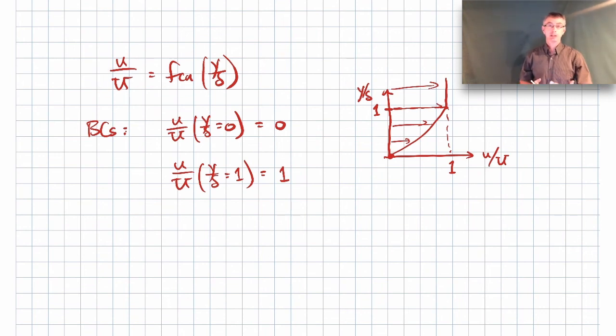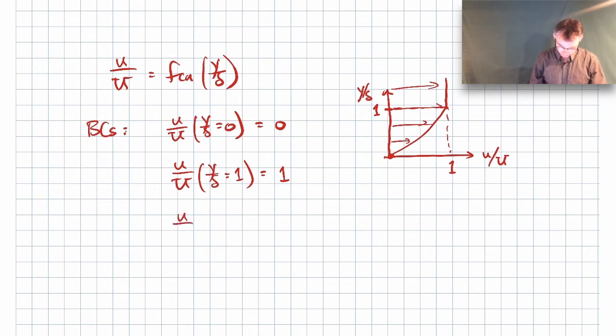Now there are other boundary conditions depending on the complexity of your function. If you have more complex functions, then the additional boundary conditions you want to have are to make the profile smooth right at this junction here. So this boundary condition right here makes it continuous, but then you also want to make it smooth so that the slope there is continuous.